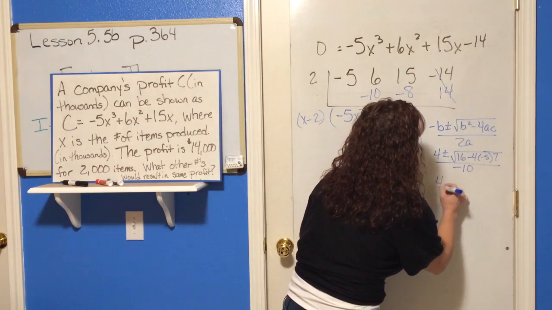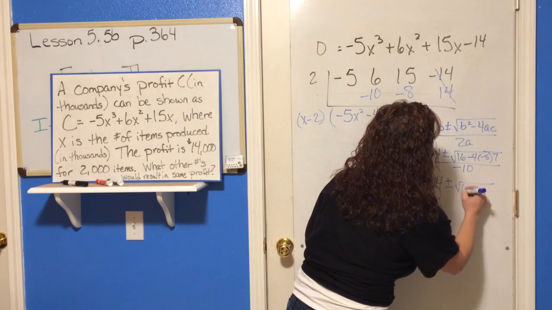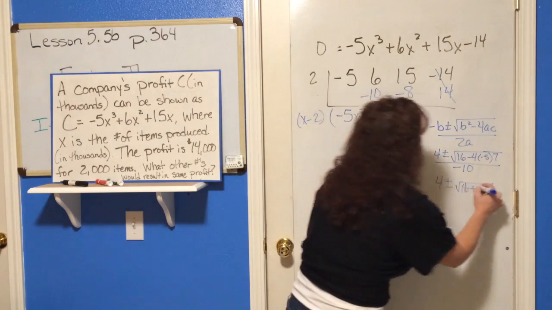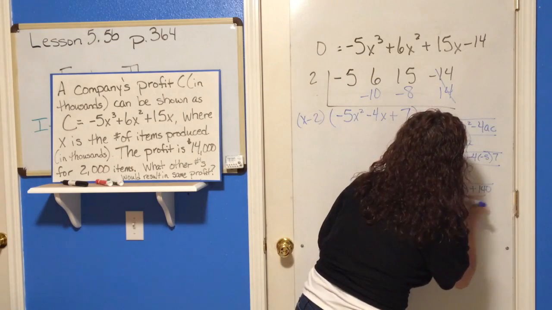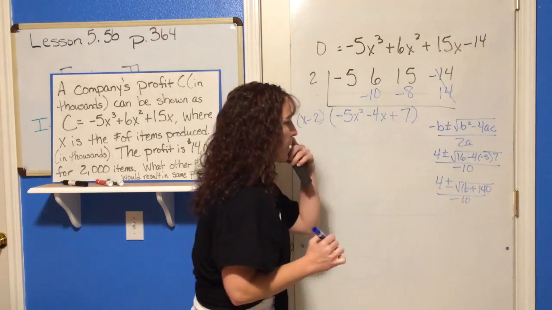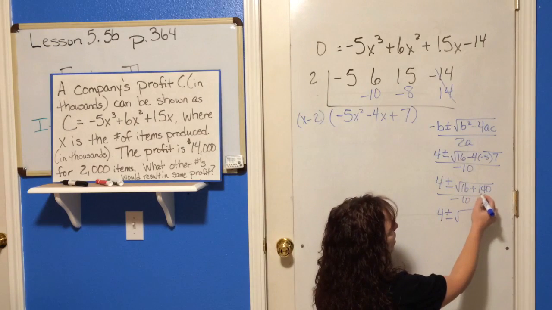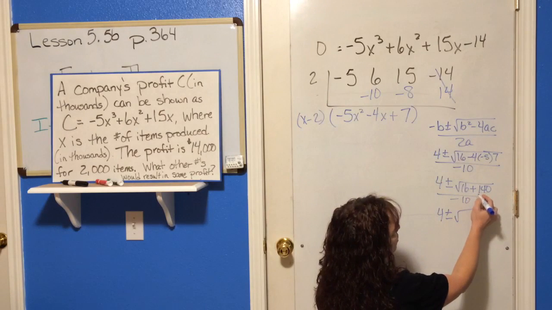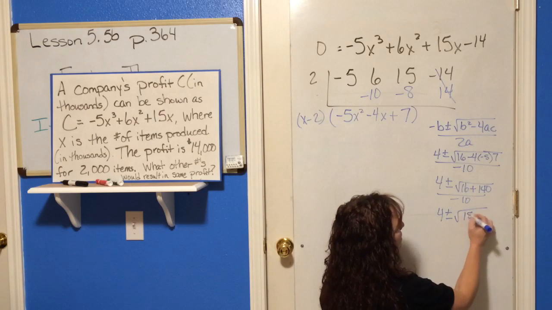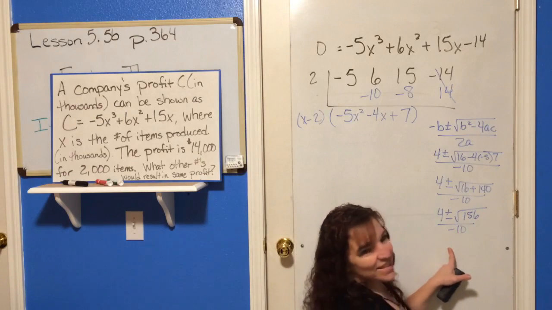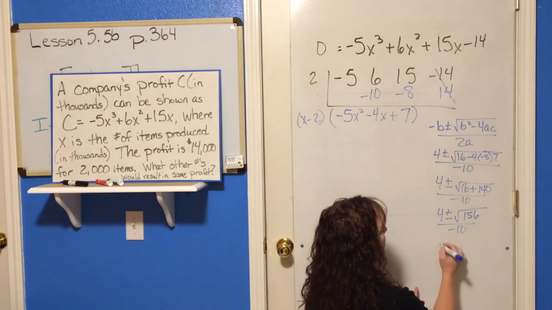So now we have 4 plus or minus the square root of 16 plus 20 times 7, which is 140, still over -10. Now 4 plus or minus the square root of 156 over -10.